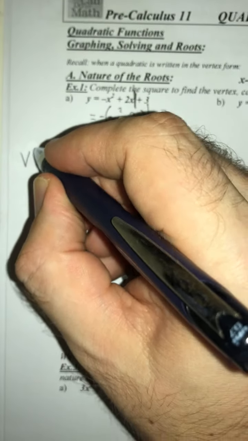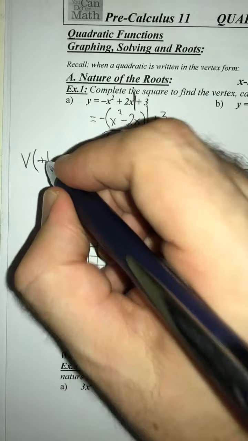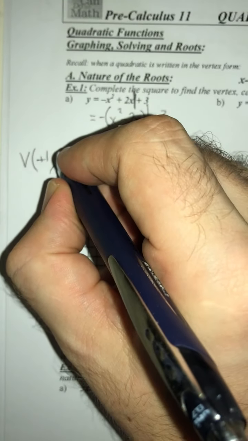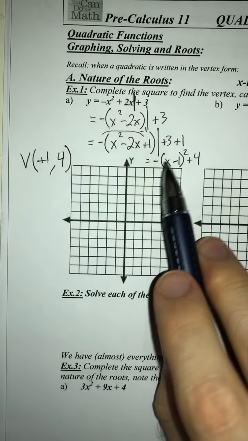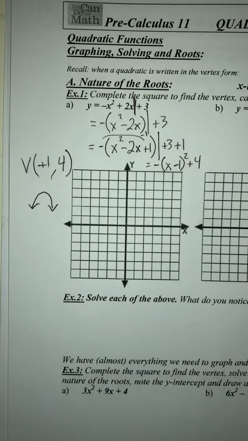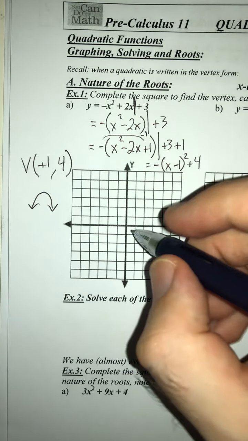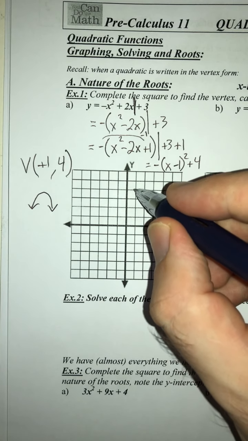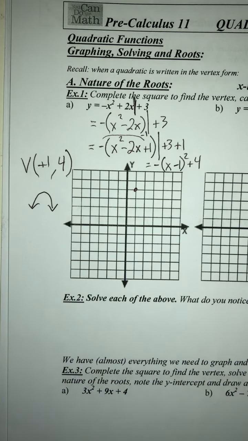So looking at this, my vertex is going to be positive 1 and positive 4. We know because it's negative, I'm going to have a downwards facing parabola. So these are just some things you need to know. So if I plot this, 1, 1, 2, 3, 4, there is my original point.